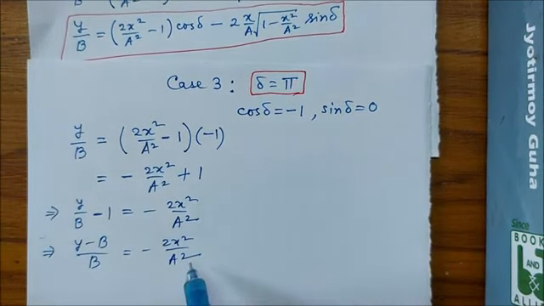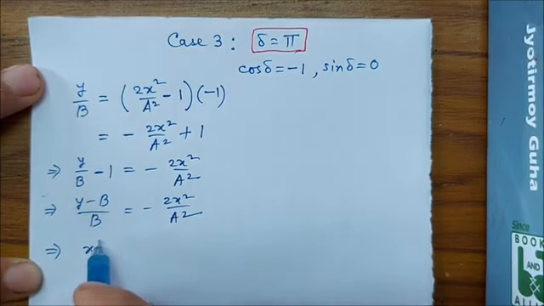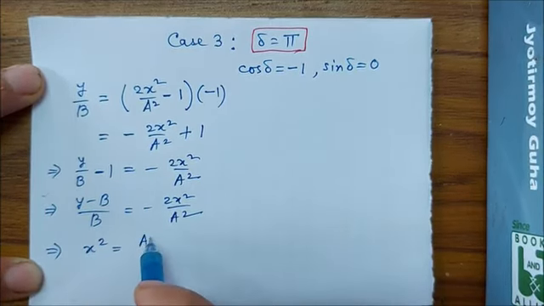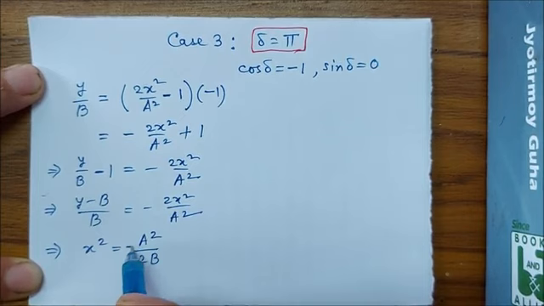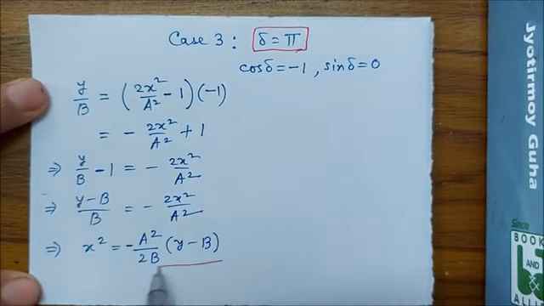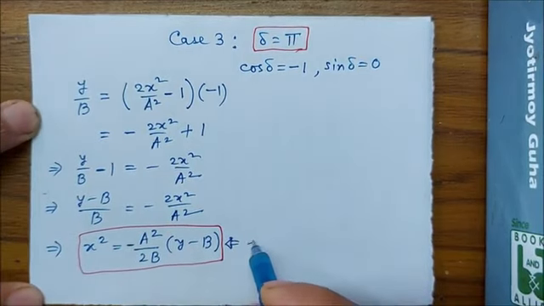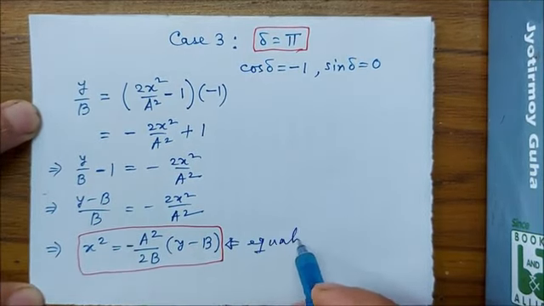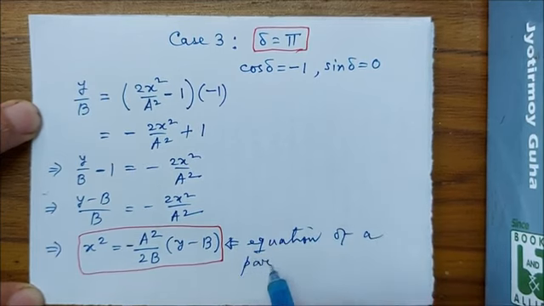Let us put it in a standard form: A square by twice b, and this negative sign will be here. So this is what we get, which is obviously the equation of a parabola.